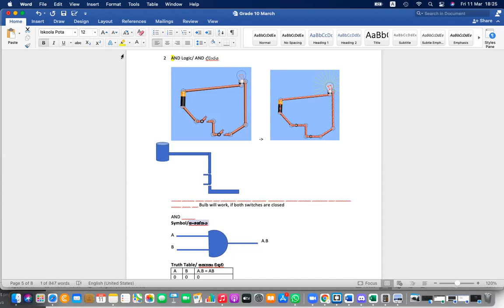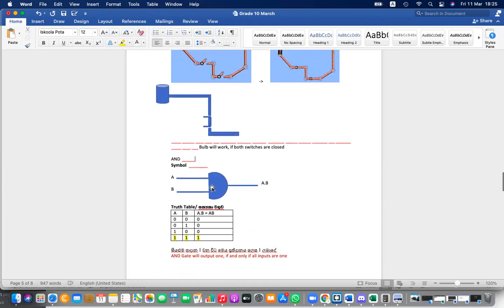The symbol has this straight line. Please note that the curvy line comes with the OR gate, but here you have direct straight lines, like a half panel shape. It's not a curve, it's a straight line, right? So that is very important.